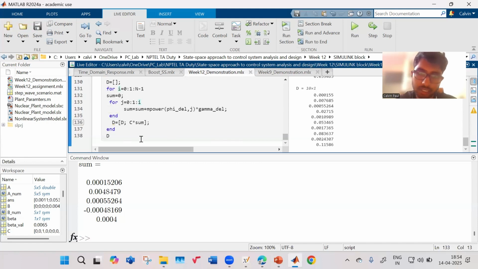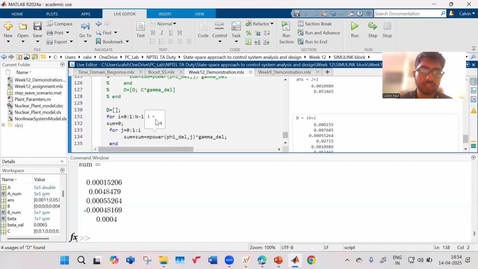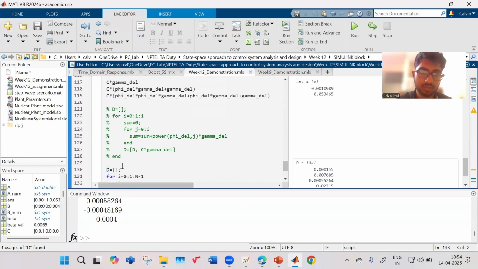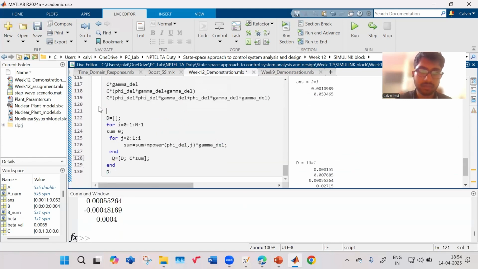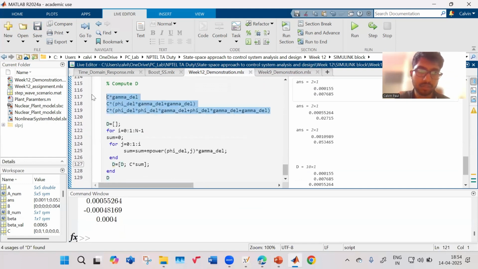Okay, so it is approximately this, and D is given by this value. So we are getting approximately D is correct. So we have found the expression of D also. We have computed D. We just delete this. So we have found out D. This also we don't need anymore.